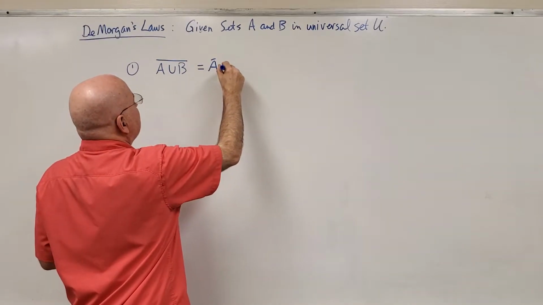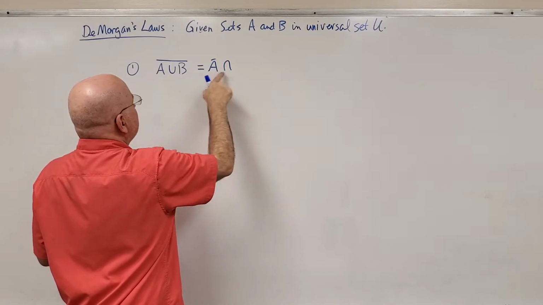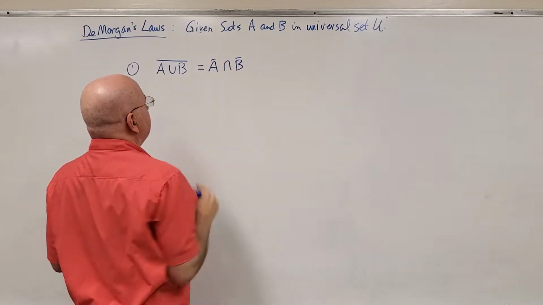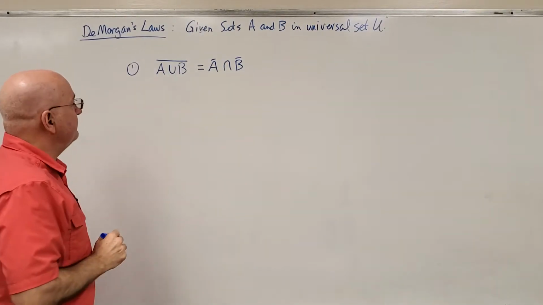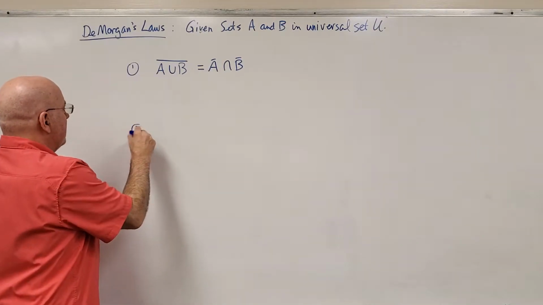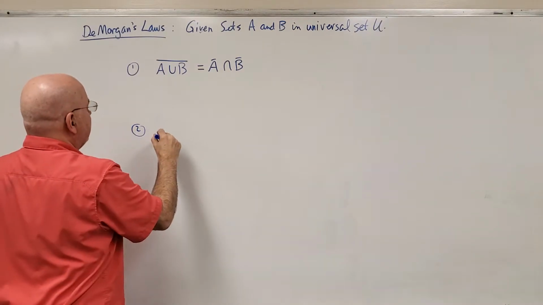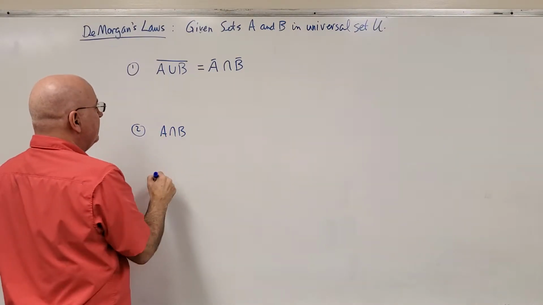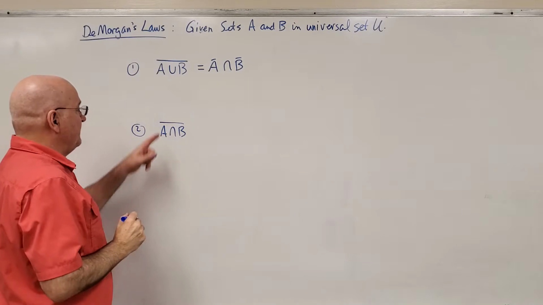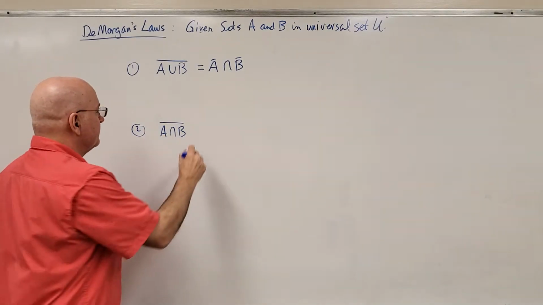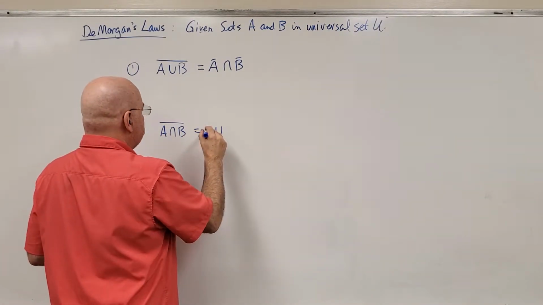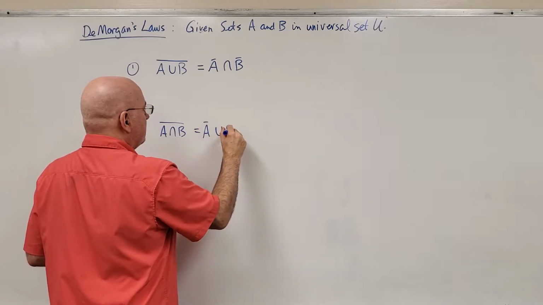It's A complement, flip that upside down into an intersection, B complement. That's the first law. And the second law is reverse the unions and intersections. So if you take the complement of A intersection B, it gives you the union of the individual complements.